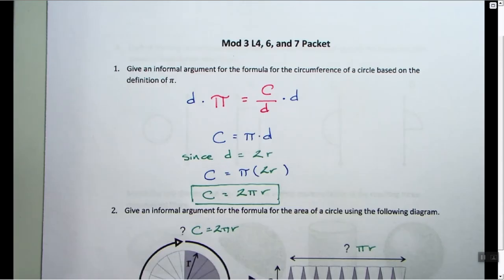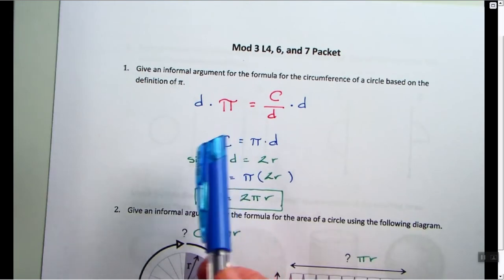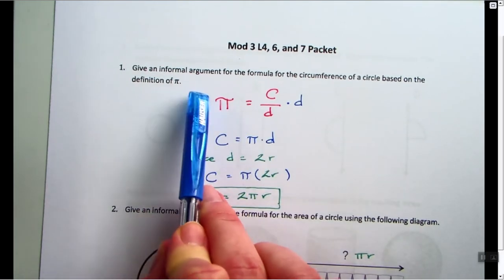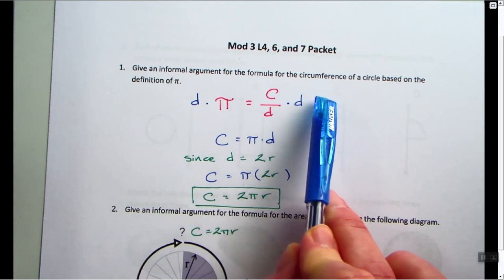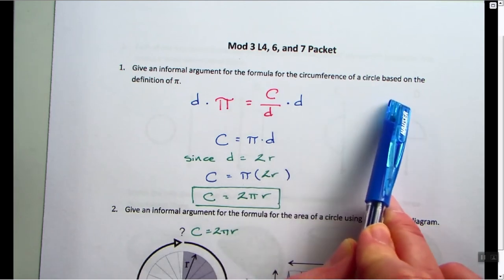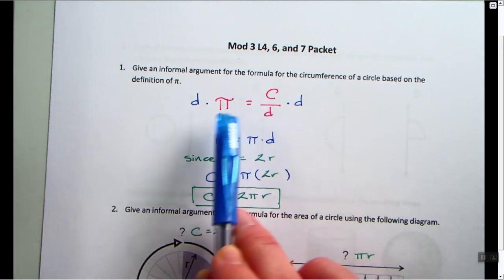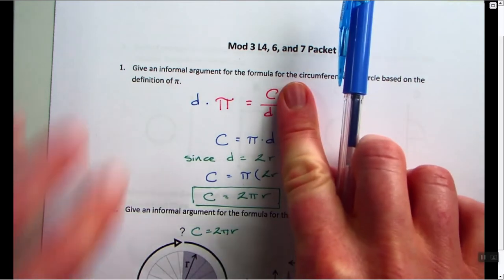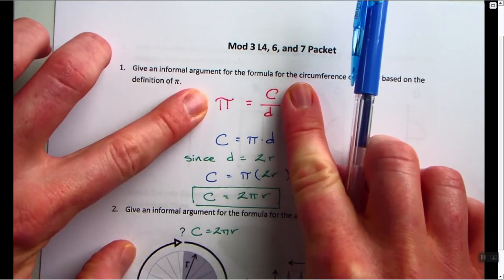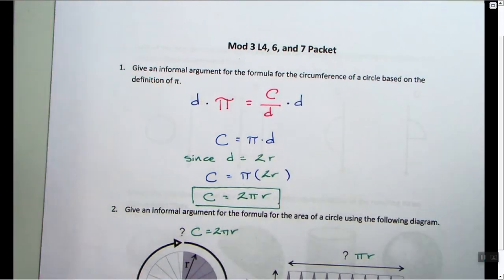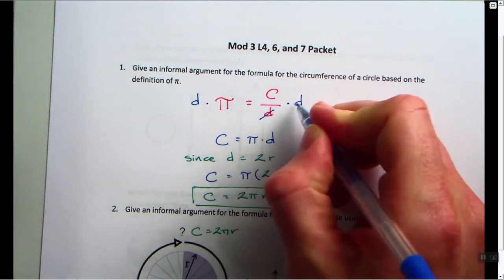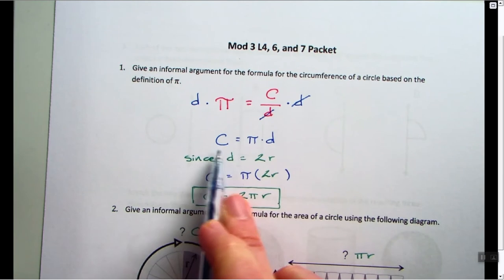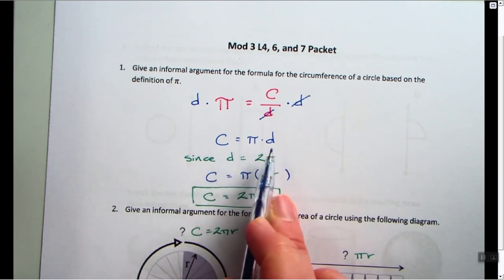First, this is a review from the other video that you watched, but basically what I'm looking for is an informal argument for the formula for the circumference of a circle, based on the definition of pi. Pi is equal to circumference divided by diameter. That's this part. If you multiply both sides by the diameter, then this cancels with this, and you have circumference is equal to pi times diameter.